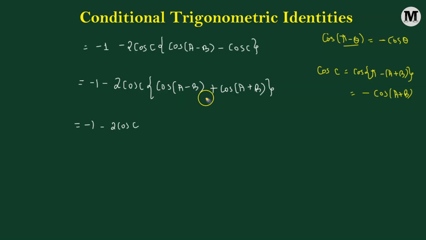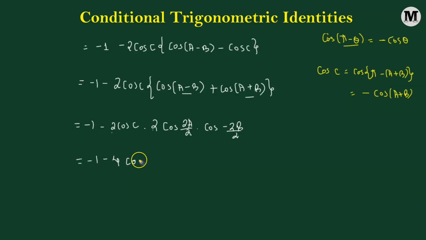So we have the sum of two cosine functions. We have already talked about this. So this is going to be 2 times cosine of the sum, (A minus B) added to (A plus B), which gives us 2A, and we have 2A over 2, multiplied to cosine of the difference, which gives negative 2B over 2. Let's further simplify. We have -1 minus, and 2 times 2 gives us 4.